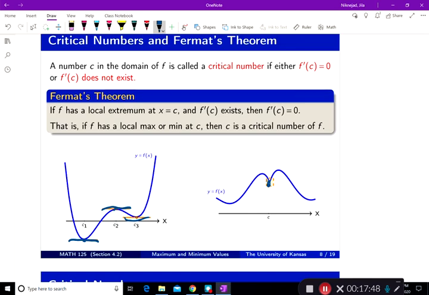So f can have a local minimum or local maximum, and f prime can be either 0 or does not exist. So Fermat's theorem is telling you if f has a local max or a local min at c, then c is a critical number of f. So remember, at a local min and local max, c is a critical number. Critical number means f prime of c is 0 or f prime of c does not exist.